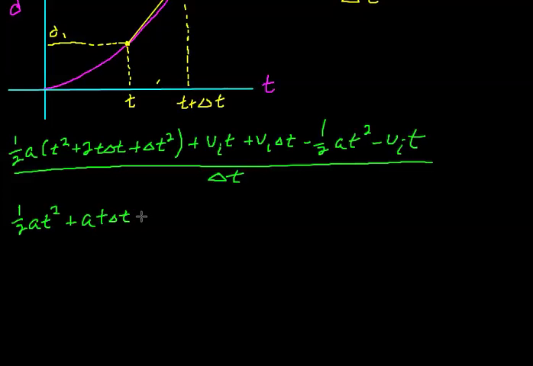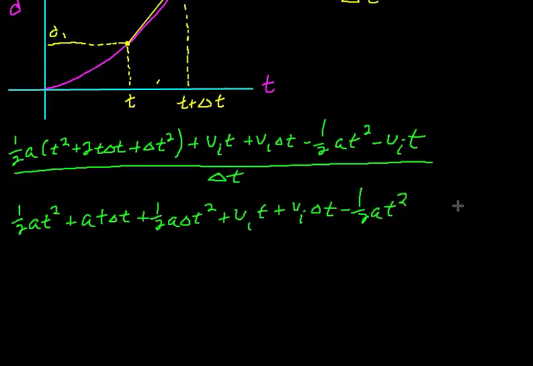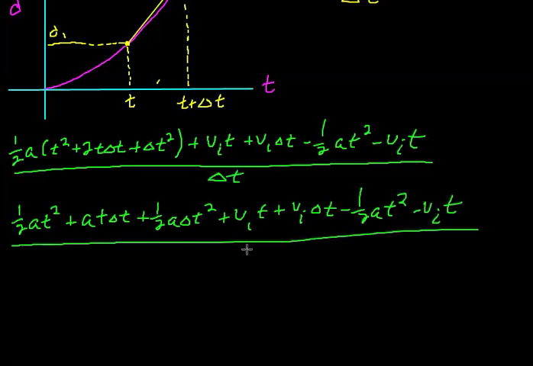Plus 1/2 a delta t squared plus vi t plus vi delta t minus 1/2 a t squared minus vit, all over delta t.